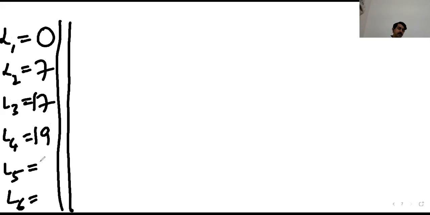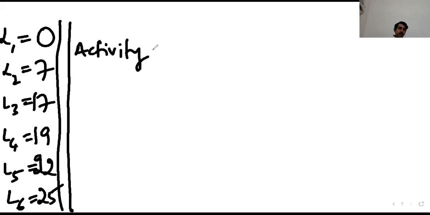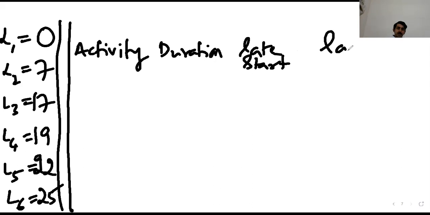L5, 22. Next, 25. Okay. So once this is done, prepare a table which has 4 columns. The first column should be activity, then duration, latest start, and latest finish.